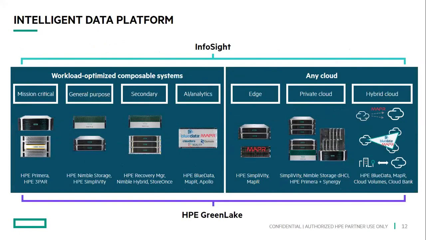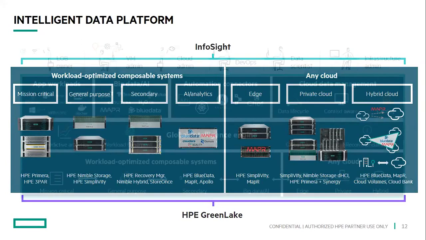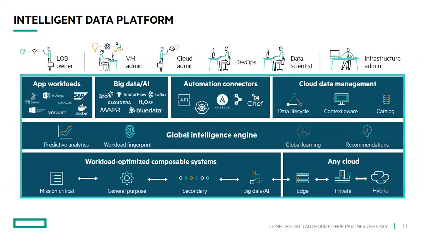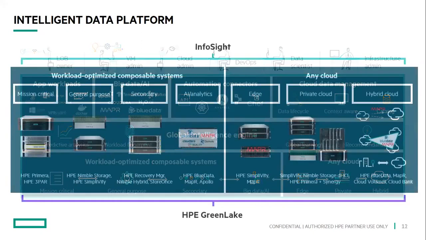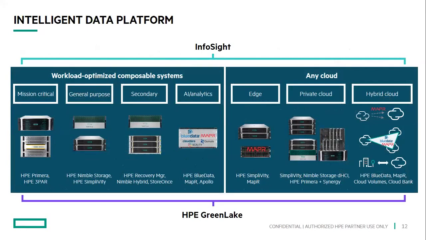How do we achieve that? We start with different infrastructure devices or products. Let me go back once again. The bottom layer was workload optimized. On top of this layer sits global intelligence, and the application layer sits on top of these devices or products.